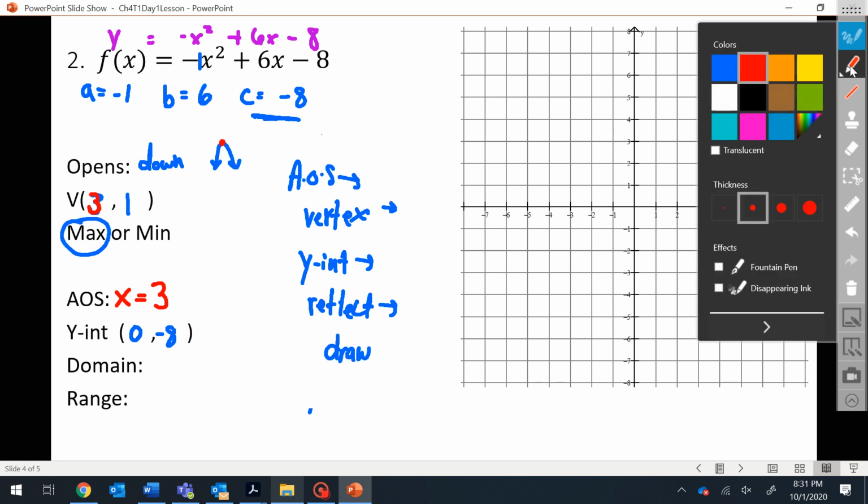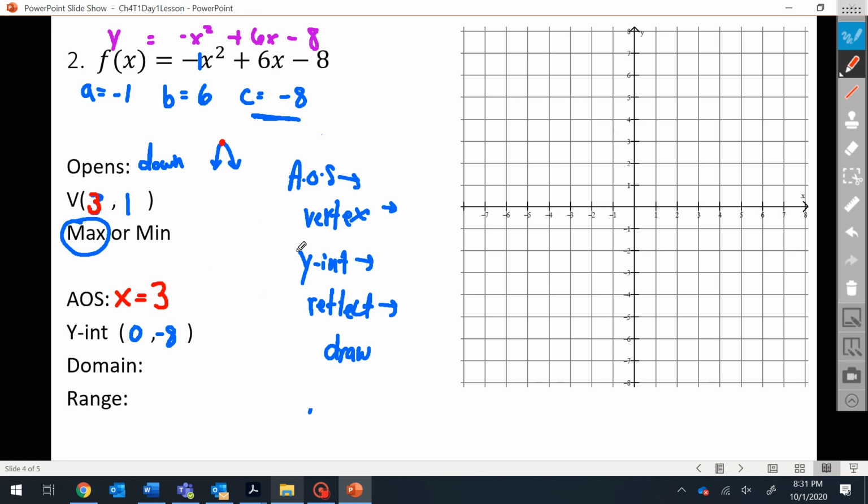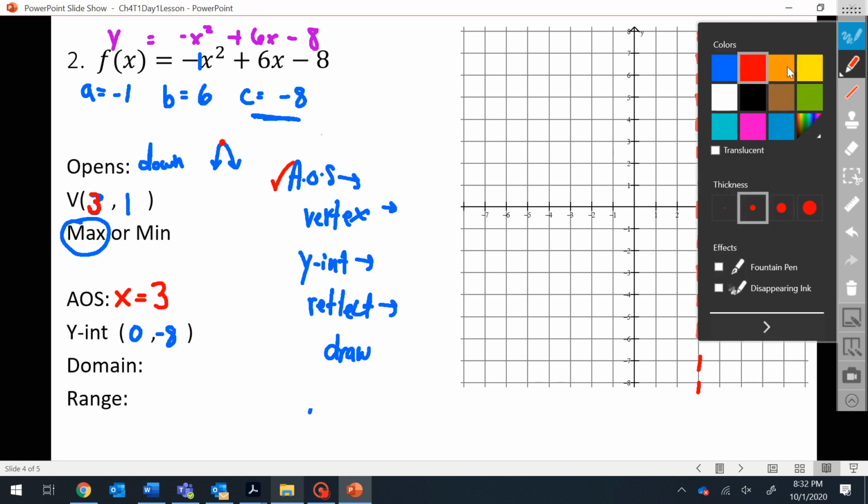All right, so the first thing I will start with is the axis of symmetry. It's at x is equal to 3, so I'm going to put a little dashed imaginary line. This is different than an inequality, okay? This isn't an inequality, it's just an imaginary line. So the axis of symmetry, check. Next, I will do the vertex.